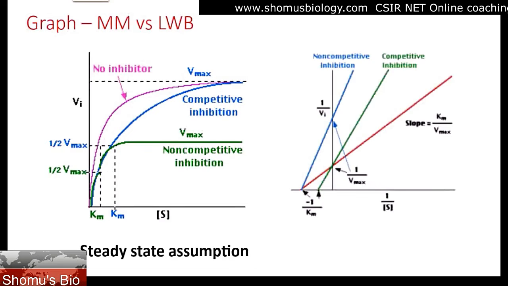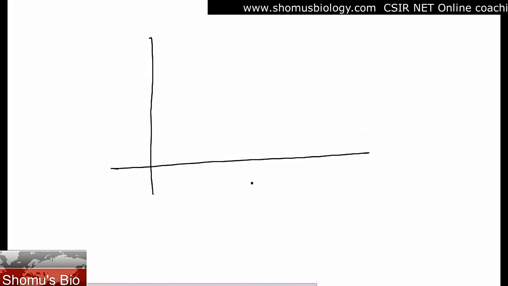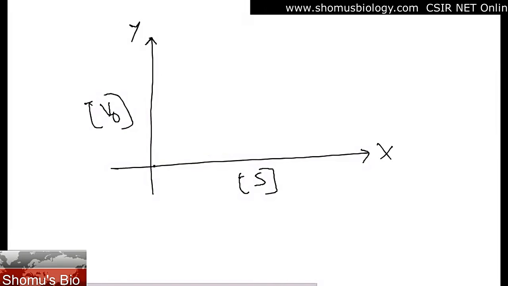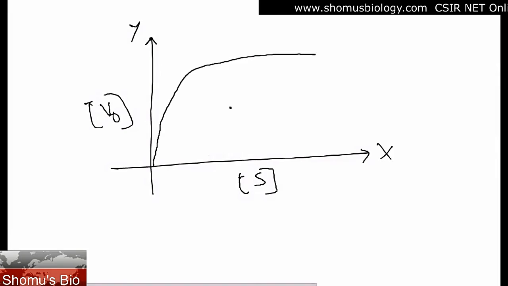Let us draw from here. In the x-axis we have substrate concentration, in the y-axis we have the velocity. So what we'll get is something like this. If we continue to add the data and form a plot, it will look something like this.